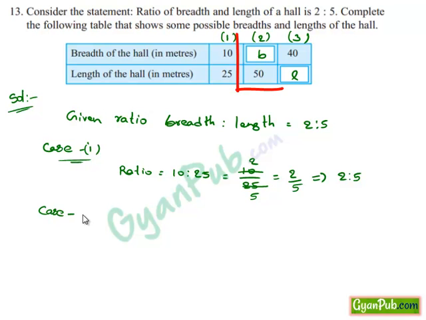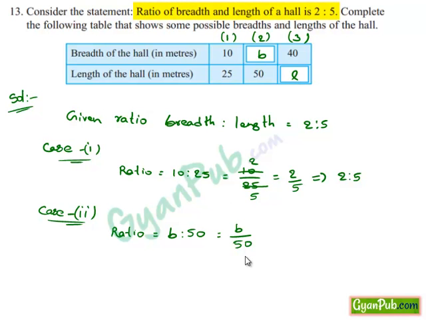Now consider for the second case, that is ratio between breadth and length is B:50. This can be written as B/50, and we know that ratio between breadth and length is 2:5.